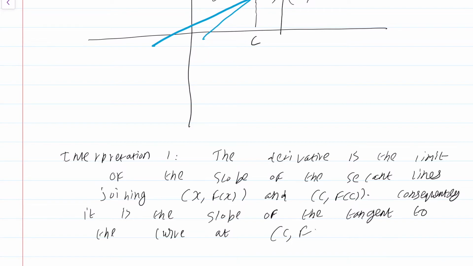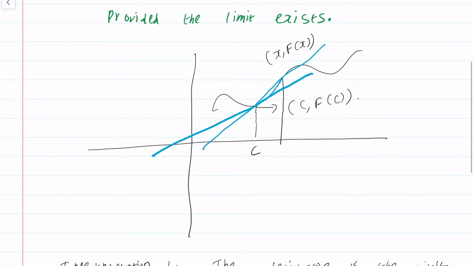Essentially, I'm considering the function as a graph. The graph is nothing but a curve. Then I'm looking at the secant lines passing through c, f of c and x, f of x, and the slope of those secant lines.